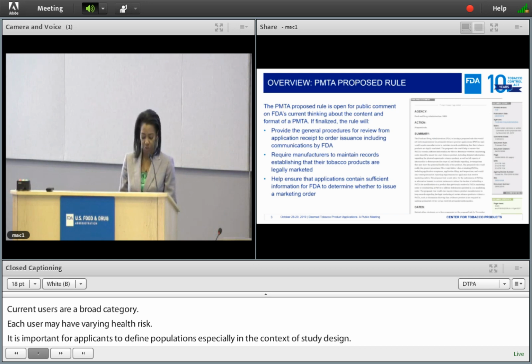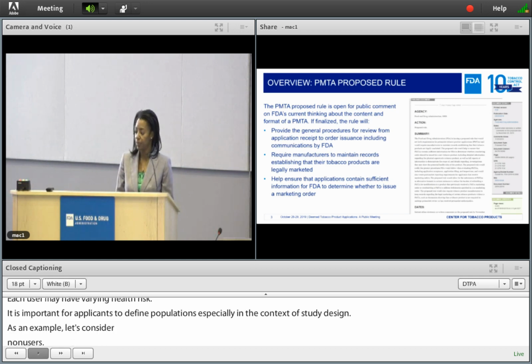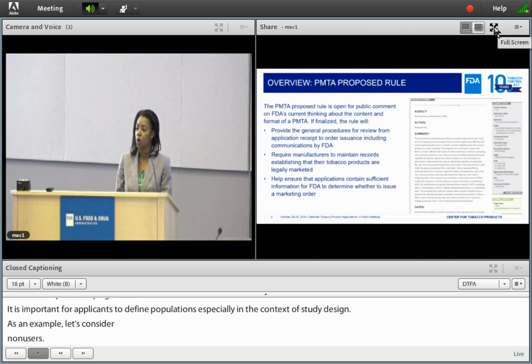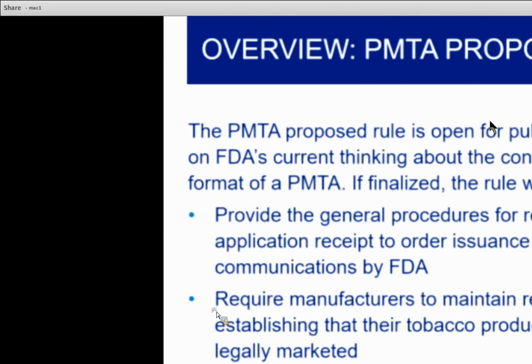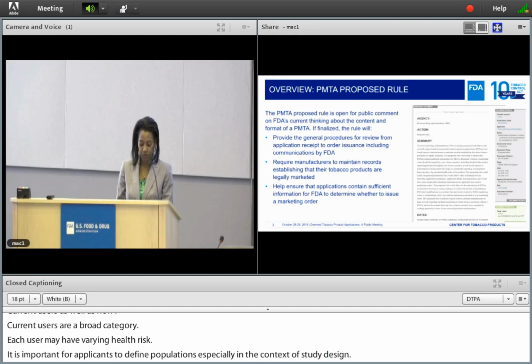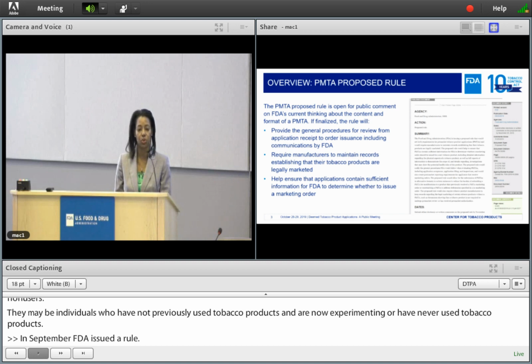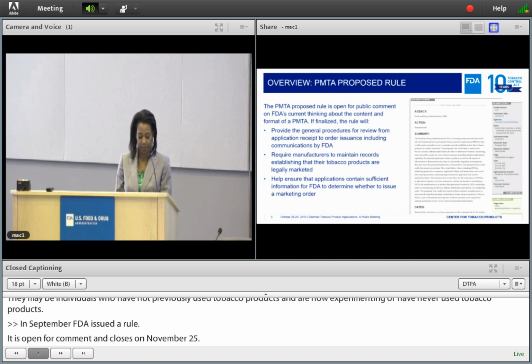In September of this year, FDA issued the proposed rule. The proposed rule is open for comment and closes on November 25th. If finalized, the proposed rule will provide the general procedures for review from application receipt to order issuance, require manufacturers to maintain records establishing their tobacco products are legally marketed, and would help to ensure that applications contain sufficient information for FDA to determine whether to issue a marketing order.